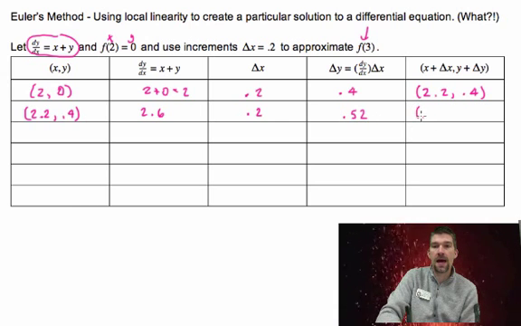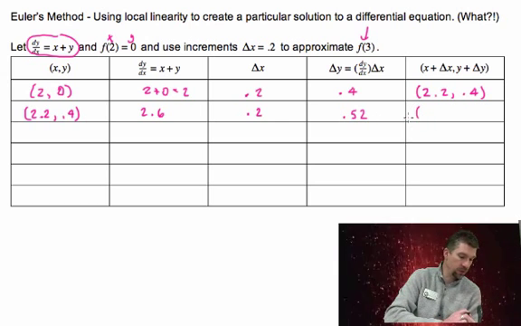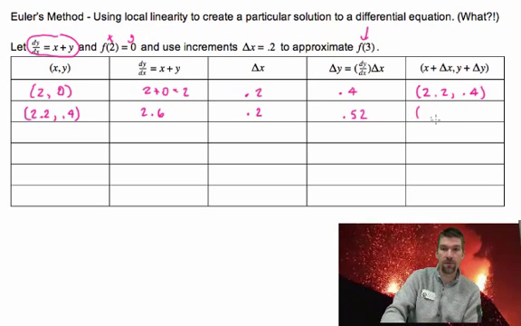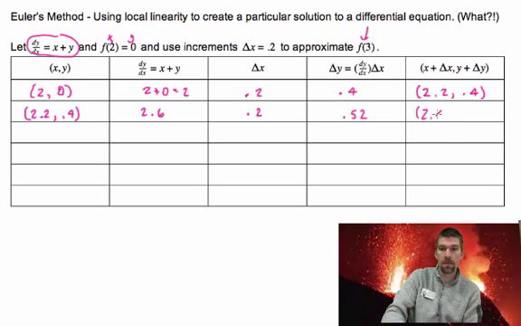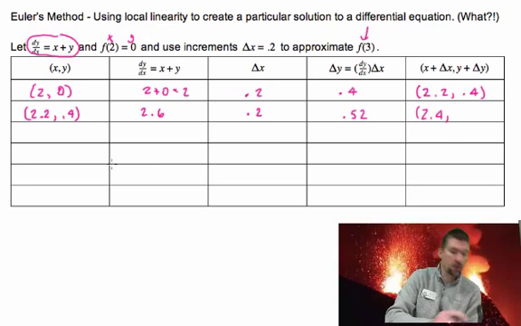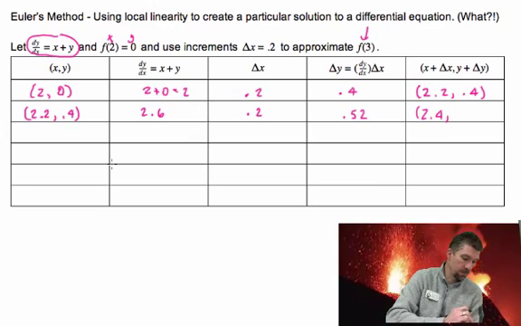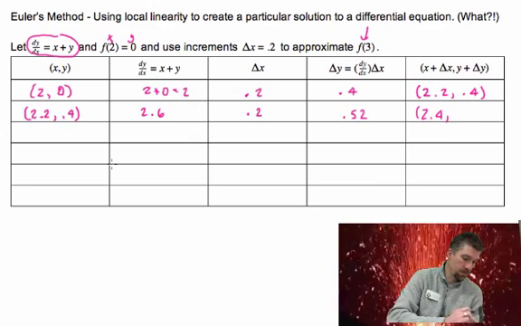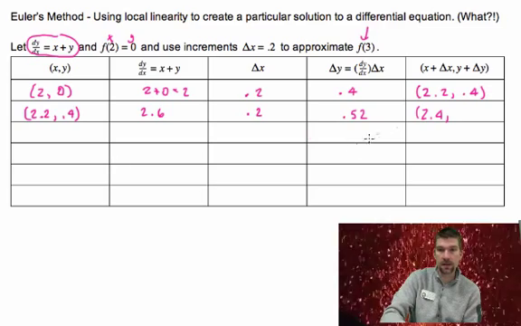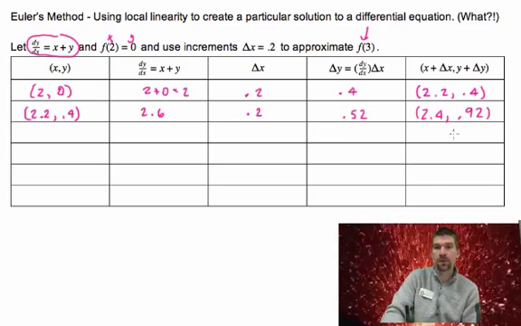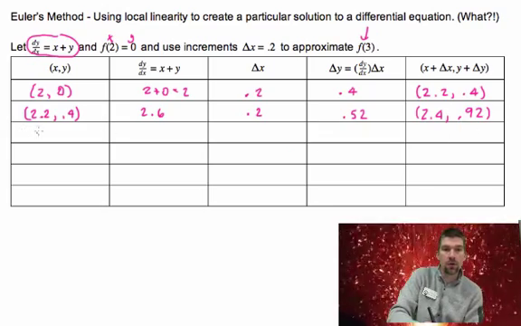When you add, you're going to do 2.2 plus 0.2, that's 2.4. And then 0.4 plus 0.52, which is 0.92. And now I've got a new y value.